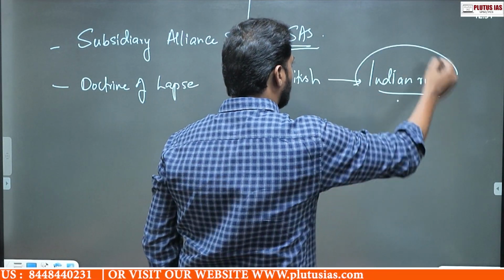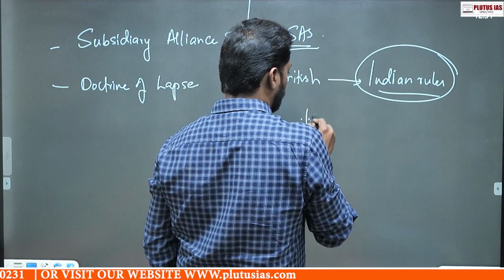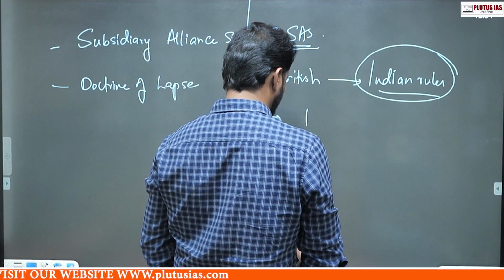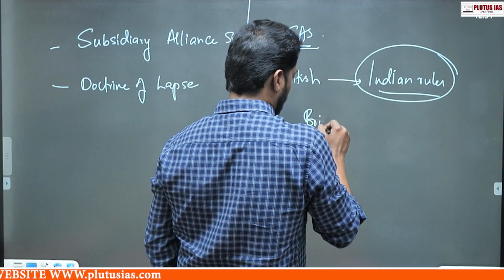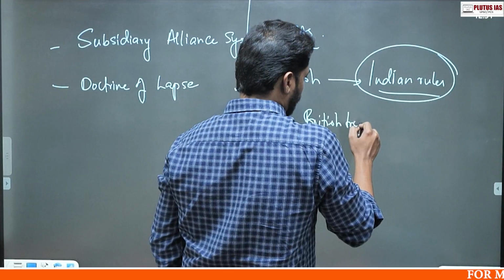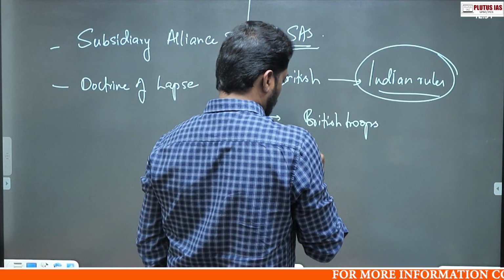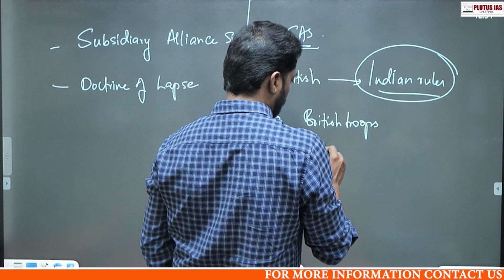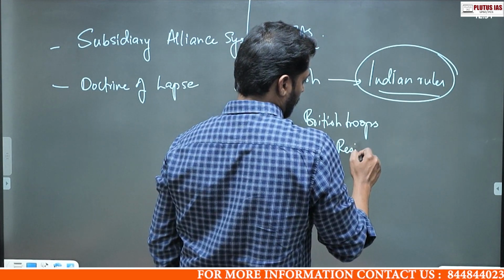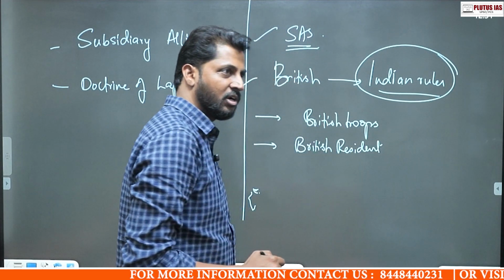So once an Indian ruler signs this subsidiary alliance treaty, that means he should accept stationing of British troops in his kingdom. He should accept keeping a British resident in his court.